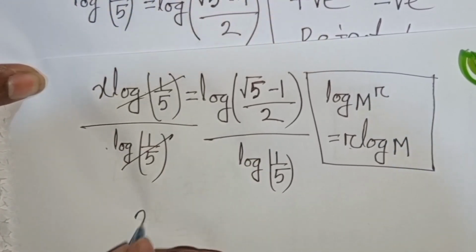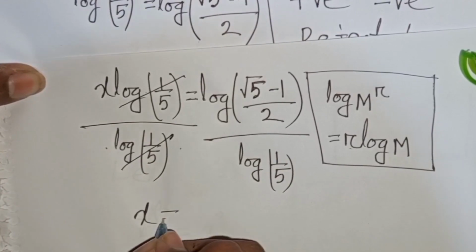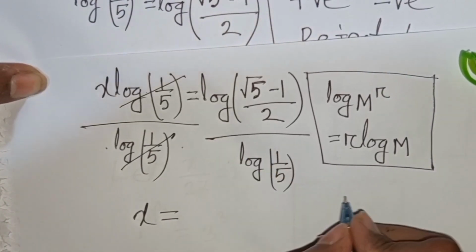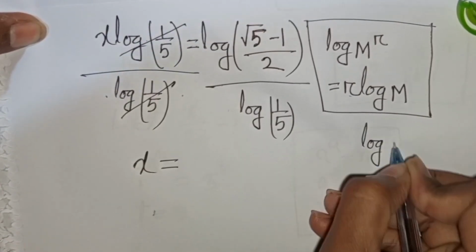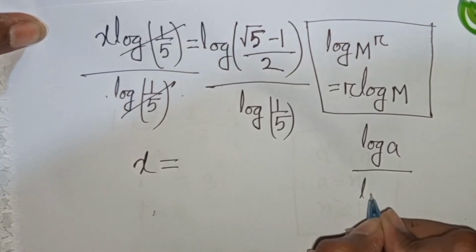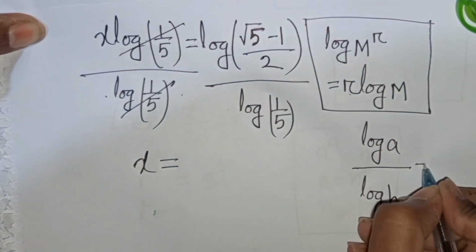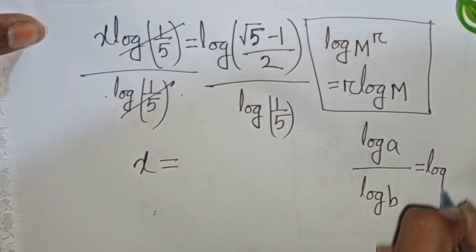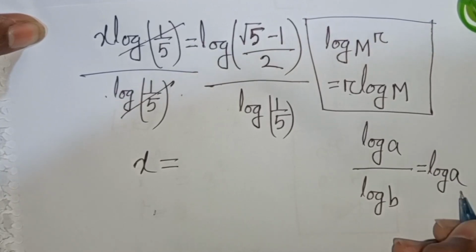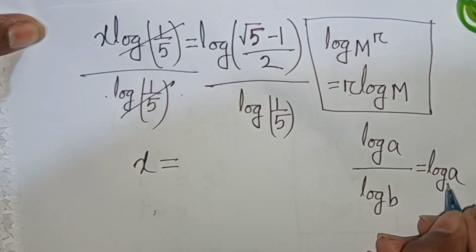So here x will be equal to, here we can apply this formula, log a divided by log b is equal to log a base b.